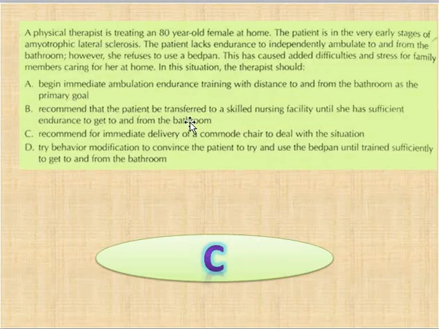B, recommend that the patient be transferred to a skilled nursing facility until she has sufficient endurance to get to and from the bathroom. C, recommend immediate delivery of a commode chair to deal with the situation. D, try behavior modification to convince the patient to use the bedpan until she can sufficiently get to and from the bathroom. The correct option is C, recommend immediate delivery of a commode chair.